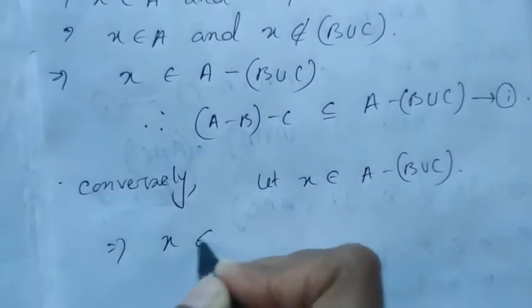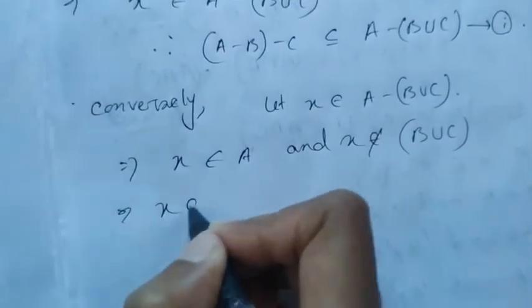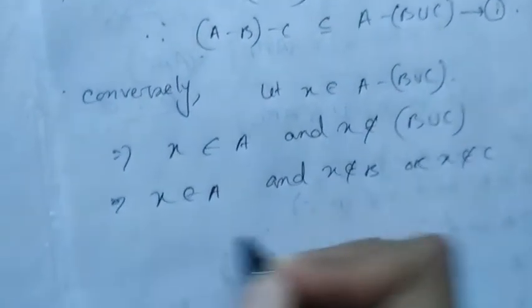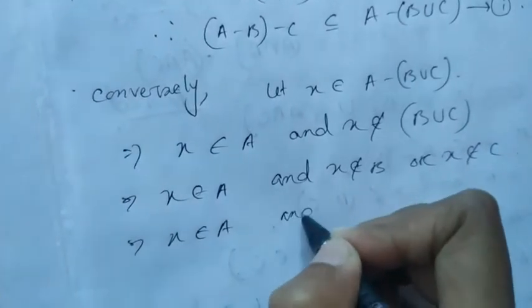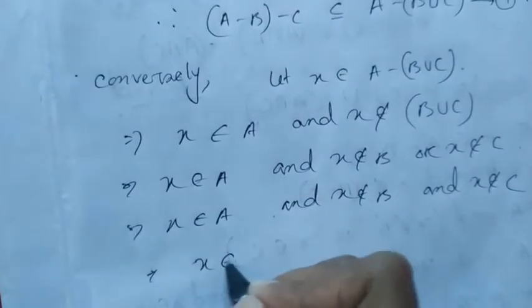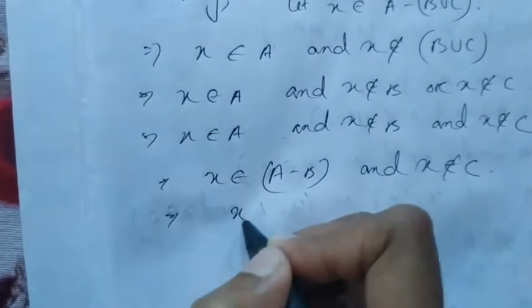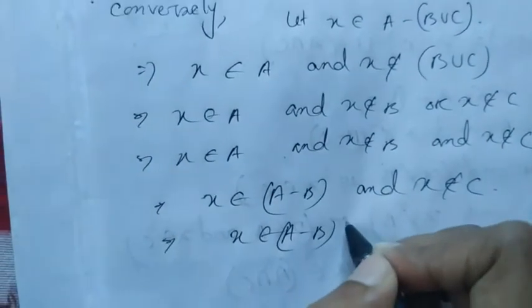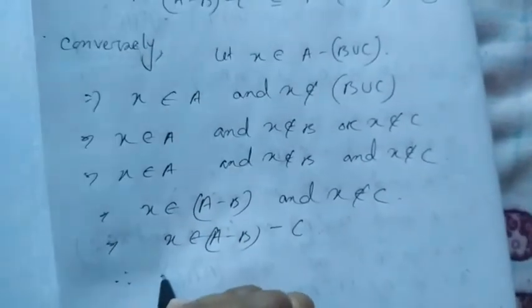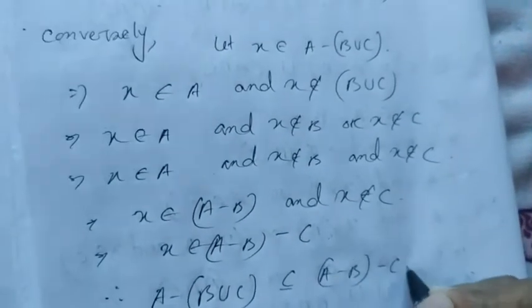This implies x belongs to A and x not belongs to B union C. This implies x belongs to A and x not belongs to B and x not belongs to C. This implies x belongs to A minus B and x not belongs to C. So this implies x belongs to (A minus B) minus C. Therefore we can write A minus (B union C) is a subset of (A minus B) minus C. So this I will give number 2.